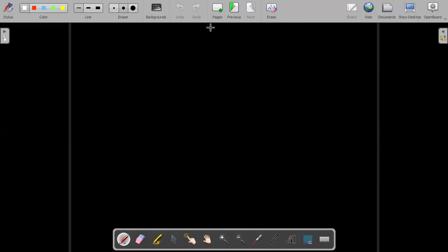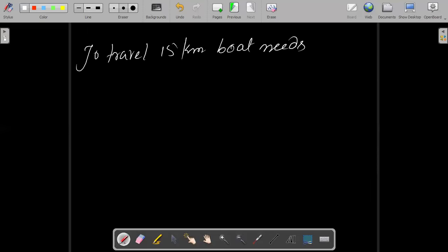So now I can write it like this. I need to find out the time. To travel 15 kilometers, the boat needs how much time? 1 hour, right?